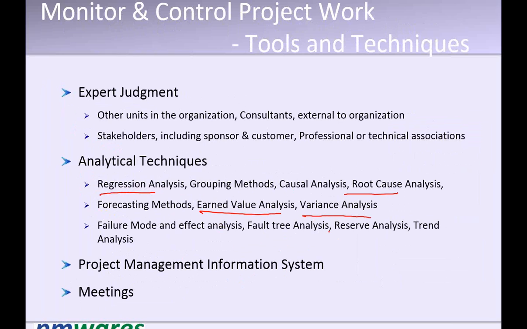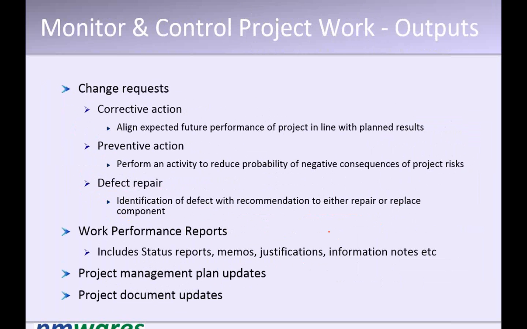Any one or multiple of those techniques can be used depending upon the need of the project to analyze variance and take corrective measures. Therefore, the main output of monitoring and control is the corrective measures, the measures to correct the course in future.